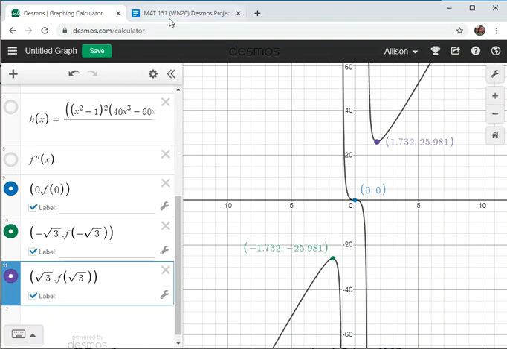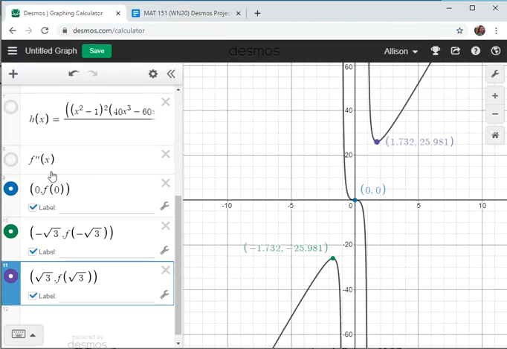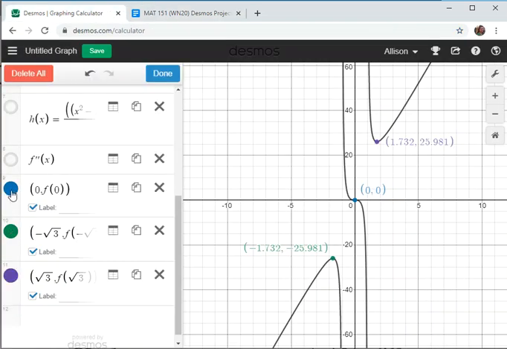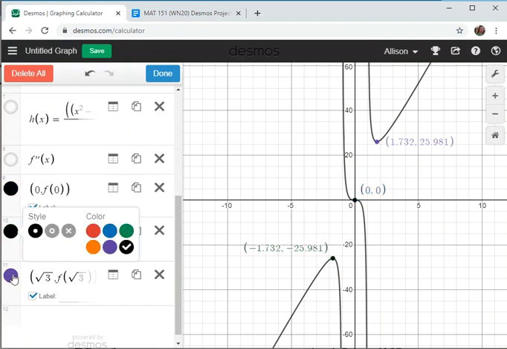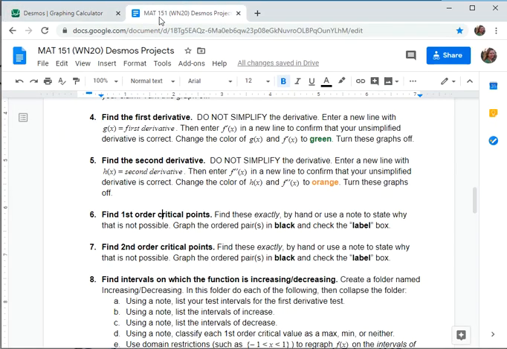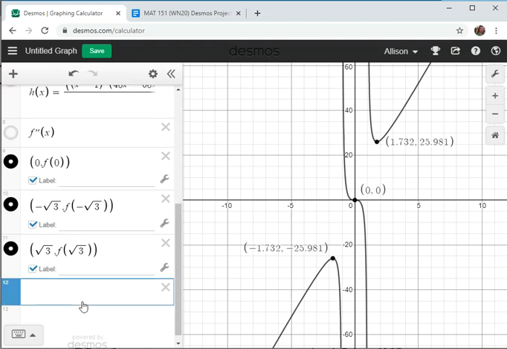Okay, so I think it said to make all of those black and check their label boxes. So we just need to change the color on these. There should be plenty of other color coming in here later. So I've got those. And then same thing for the second order critical points. Now in our case, this one is both, so I don't really need to graph it twice, since this is both a first order and second order critical value.